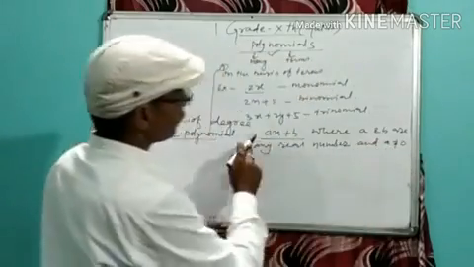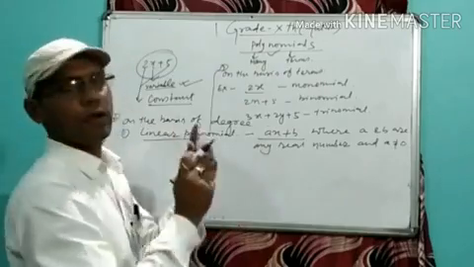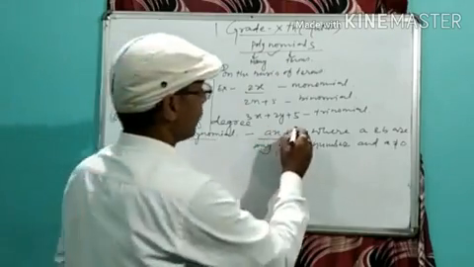If a is 0, then it will not be a linear polynomial, it will be a constant.